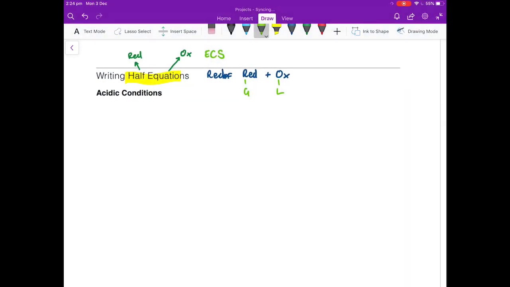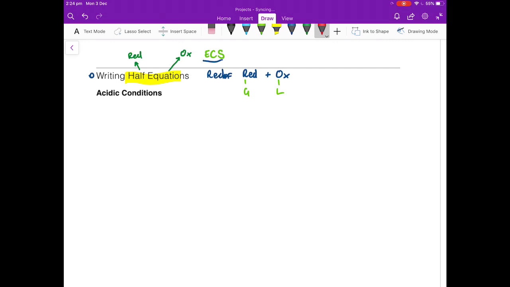However, sometimes in our questions we'll be given elements or compounds that can't be found in the electrochemical series. And when they can't be found in our data book, we're going to have to write these half equations ourselves using a number of steps. So, today we're going to be looking at these important steps.